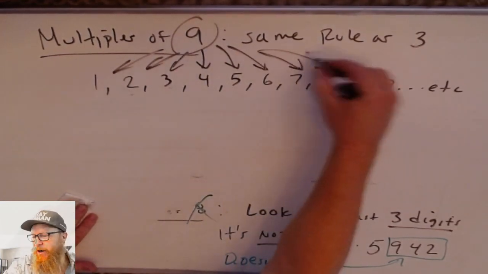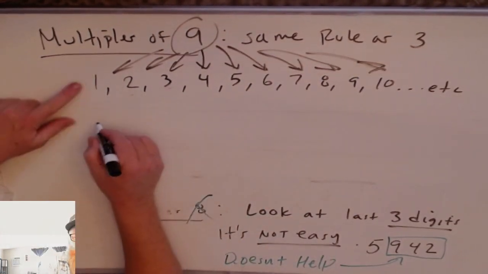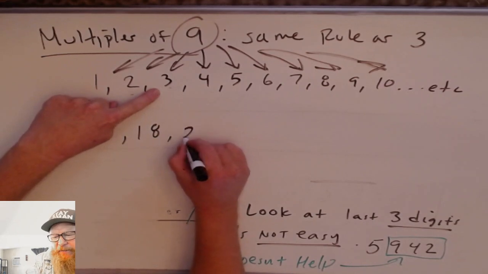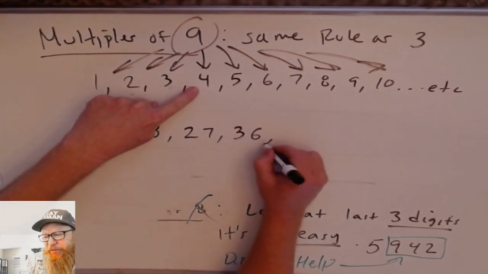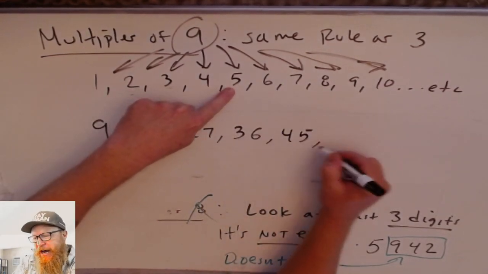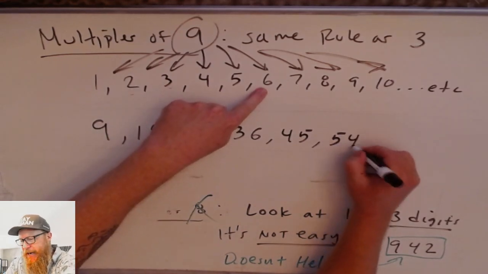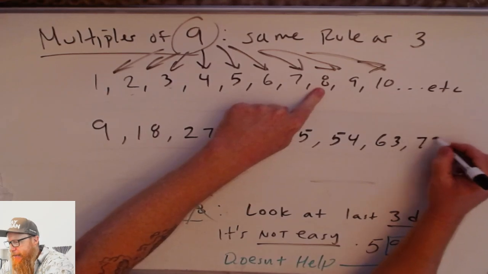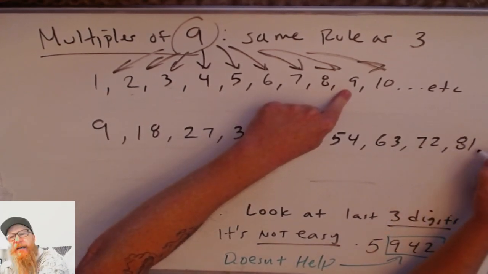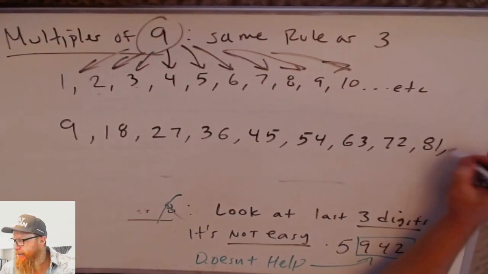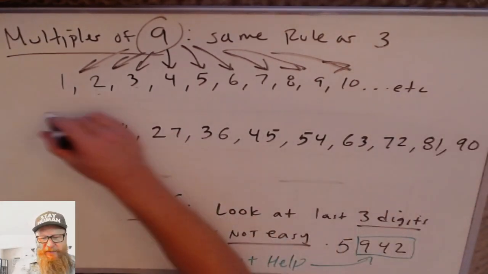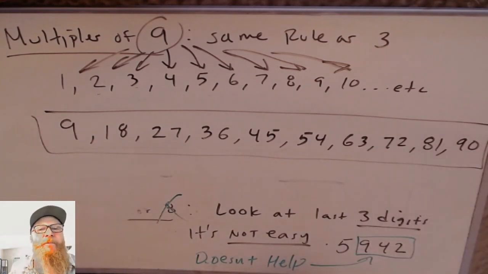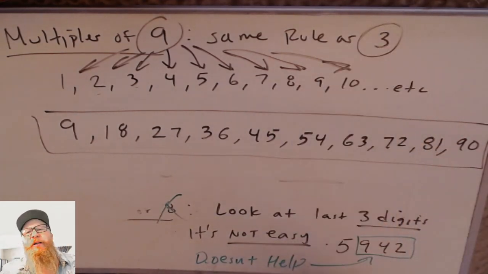I'm not going to draw all these arrows, but you're going to multiply by 9. So 9 times 1, 9 times 2, 9 times 3, 9 times 4, 9 times 5, 9 times 6, 9 times 7, 9 times 8, 9 times 9, and then 9 times 10. So here's your multiples of 9 up to 90. Obviously, they keep going. It's the same rule as 3.